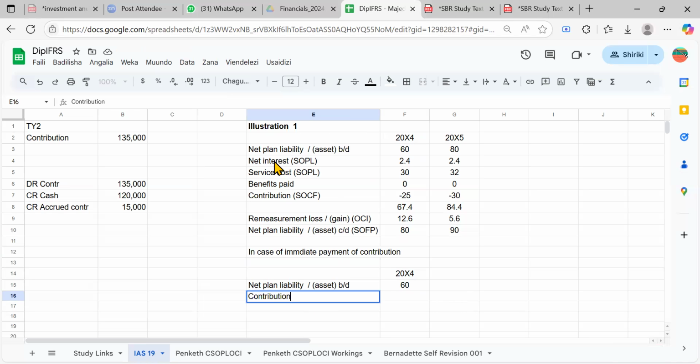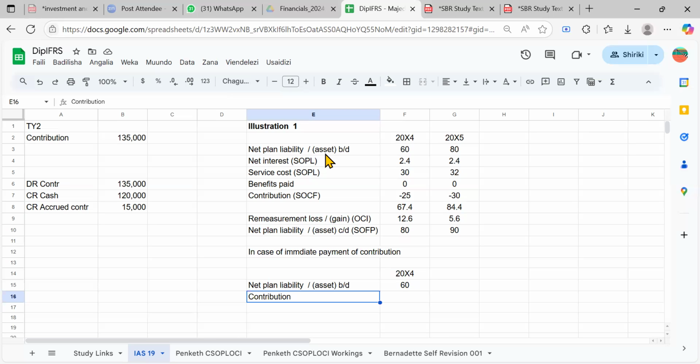The main aim of computing the net interest on the plan liability means we deal with the opening balance. Now, presume something is paid immediately, right? If something is paid immediately, it means it affects that opening balance.